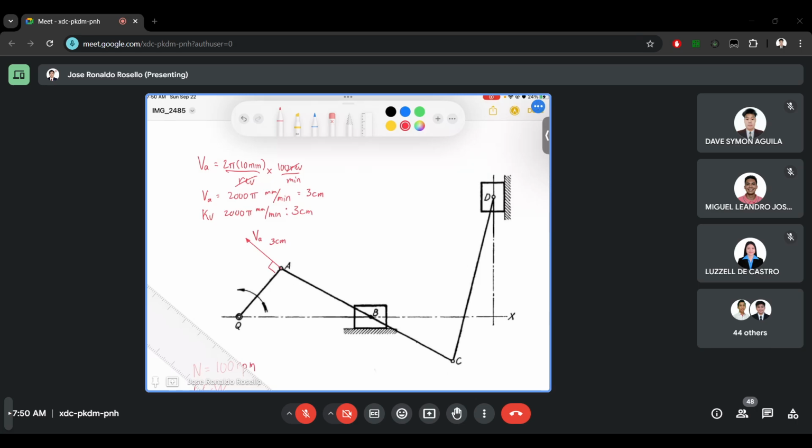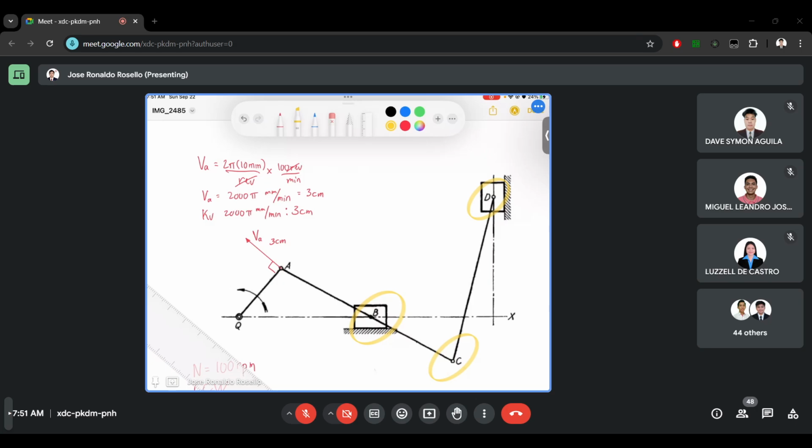Now, how do we first approach the velocity analysis of this using the instantaneous axis of velocity? The velocities we have to determine are the velocity at point B, velocity at point C, and velocity at point D. Let's first look at whether the directions are given.